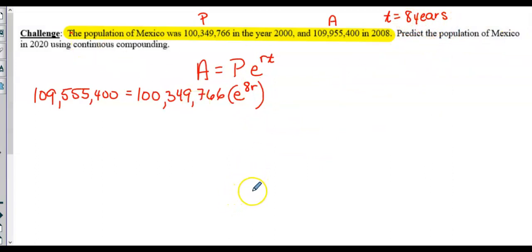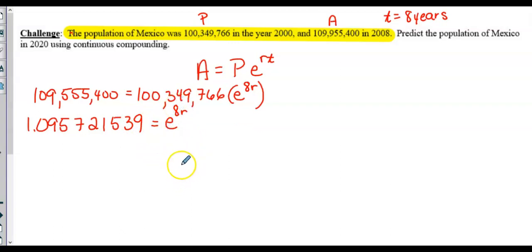This is probably a really old problem. Anyway, so I need to first divide everything by this number right here. So I need to divide both sides by this number. When I do that, I get, and I'm going to write out this entire decimal just to make it as accurate as possible, 1.0957721539. I think I got all the digits. Equals e to the 8r.